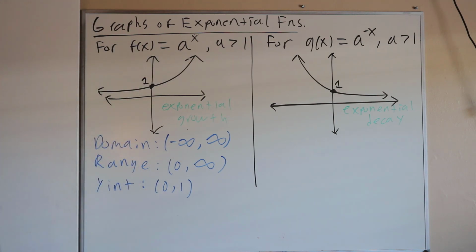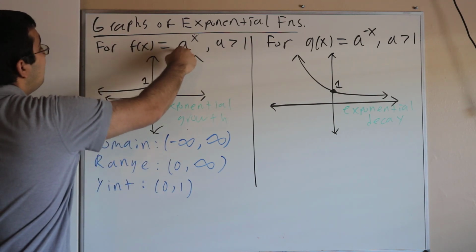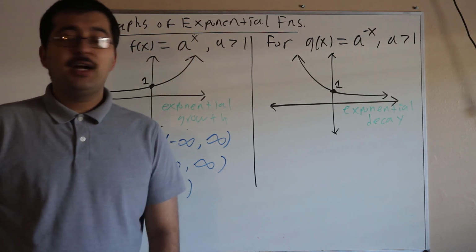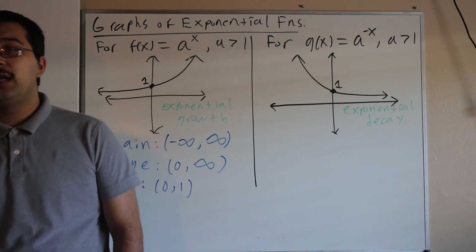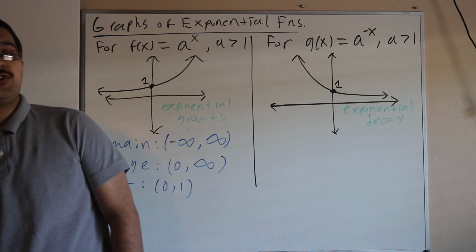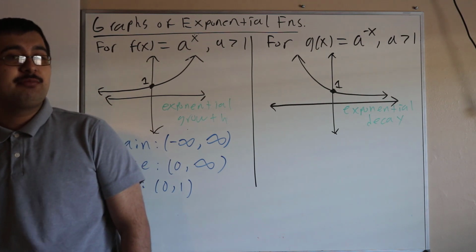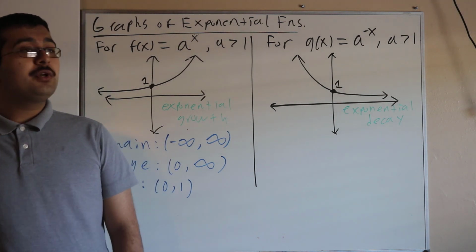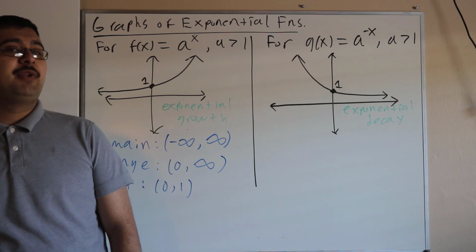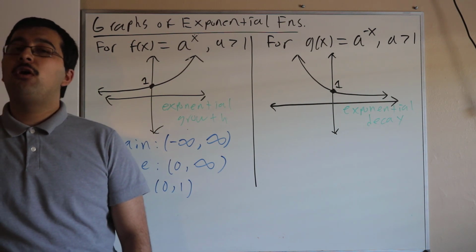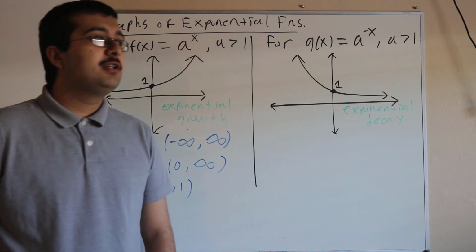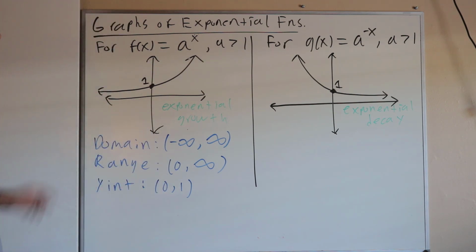So no matter what that base is, I'm going to have some number a to the power of 0. That's pretty neat and worth noting, because we understand through our properties of exponents that anything to the power of 0 equals 1. In other words, no matter what the base of your exponential function is, it will always have a y-intercept at (0, 1), if it is of this form.